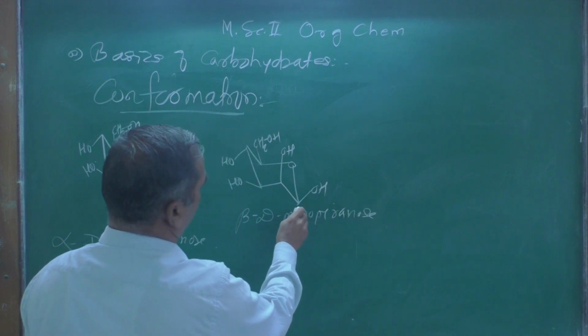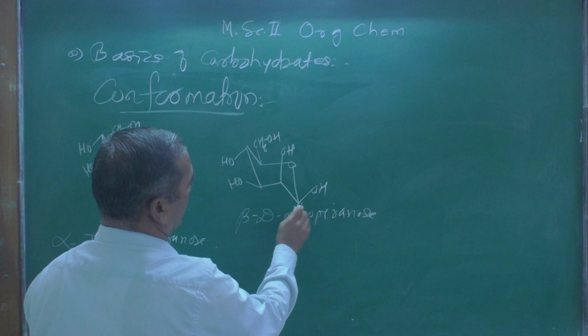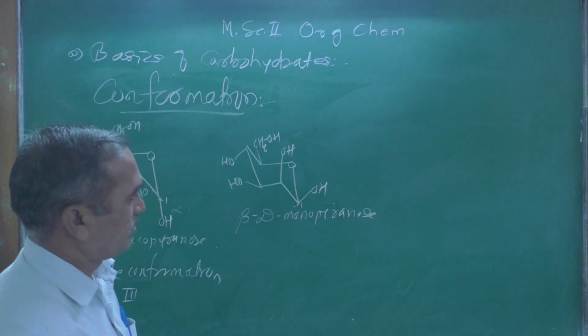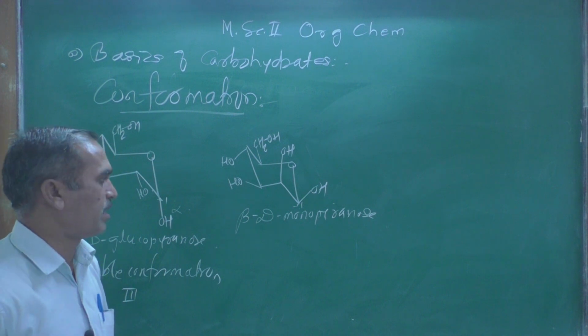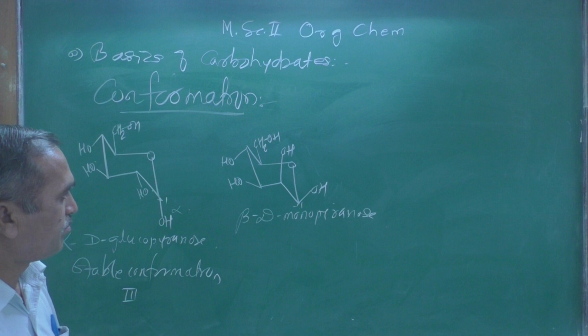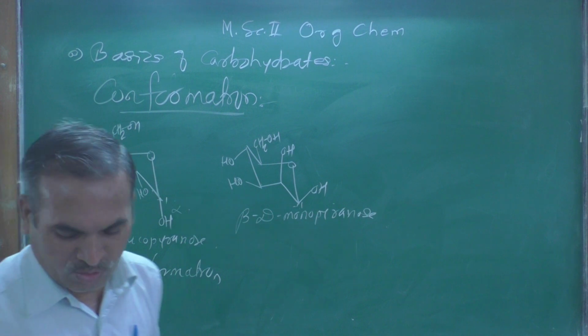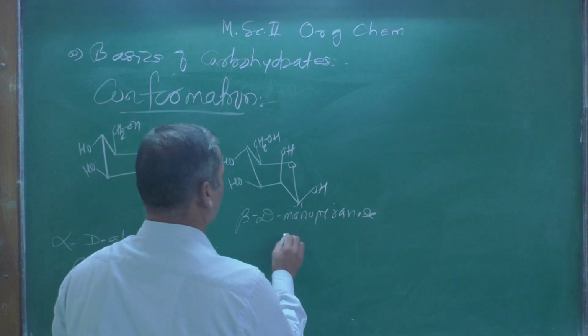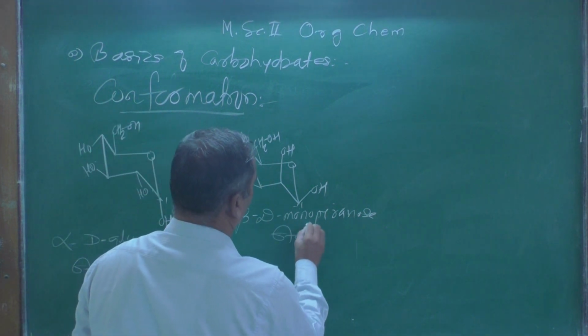Beta, why beta? Because at the anomeric carbon atom the OH is on the beta side, above the plane, and therefore it is the structure of beta D glucopyranose. It is also a most stable, or a stable, conformation.